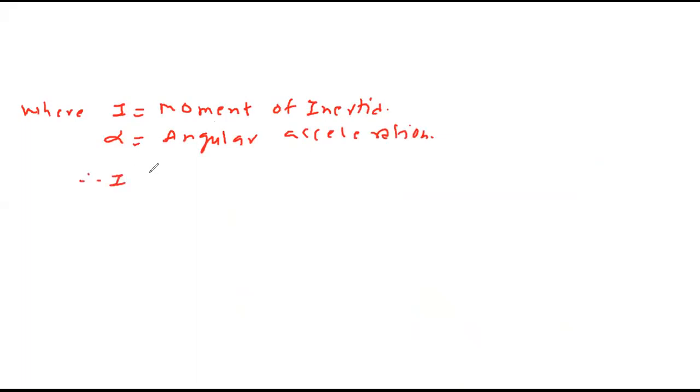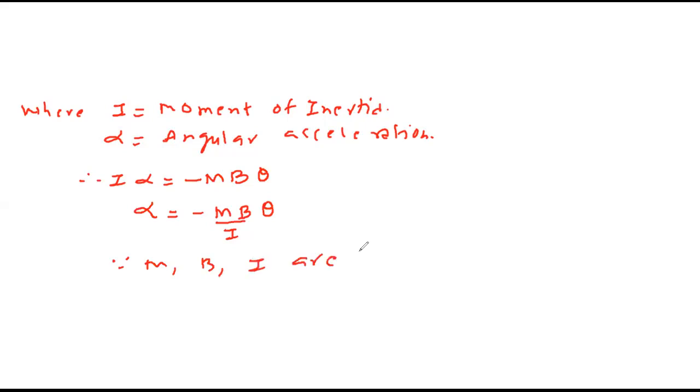Therefore, I alpha equals minus mB theta. So alpha equals minus mB upon I theta, since m, B, I are constants. Therefore, alpha equals minus constant theta.